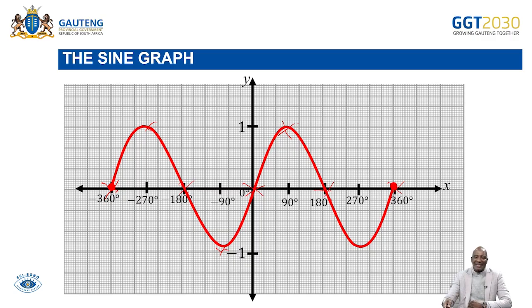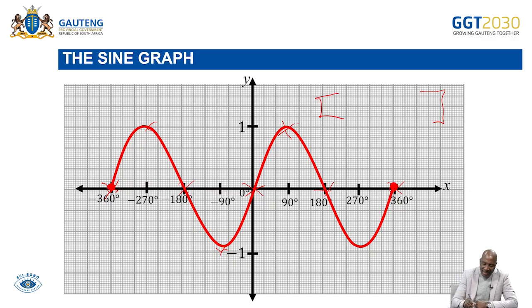You will realize that the end points are shaded. This is an indication that you are using a closed interval. If it's a closed interval, you lock your ends through shading. You shade your ends to show that it was starting exactly at negative 360 and stopping exactly at 360 degrees.